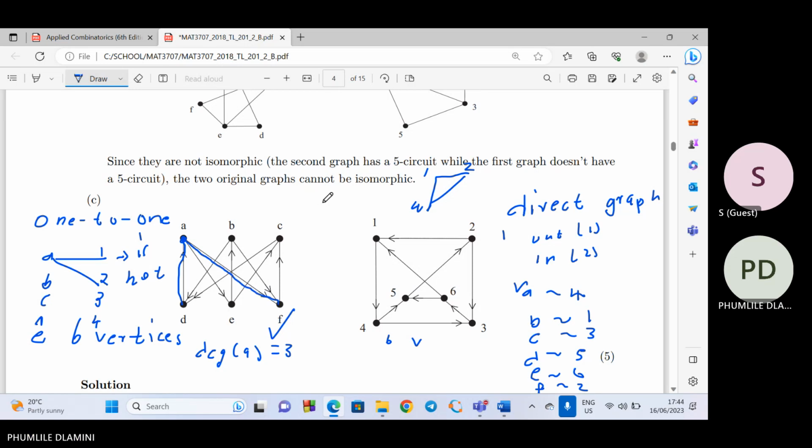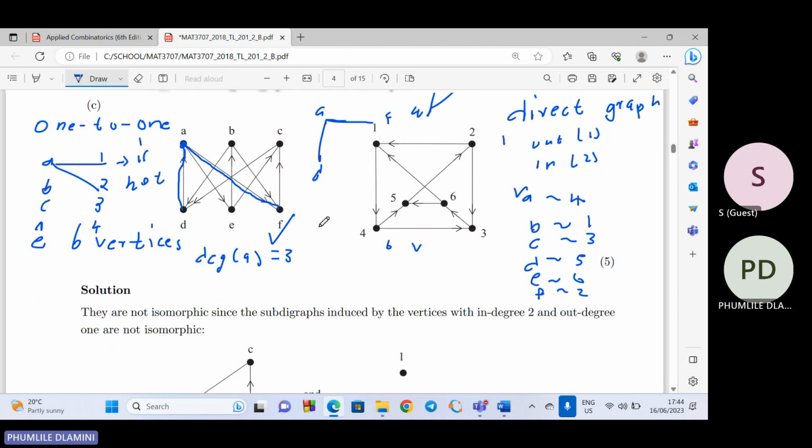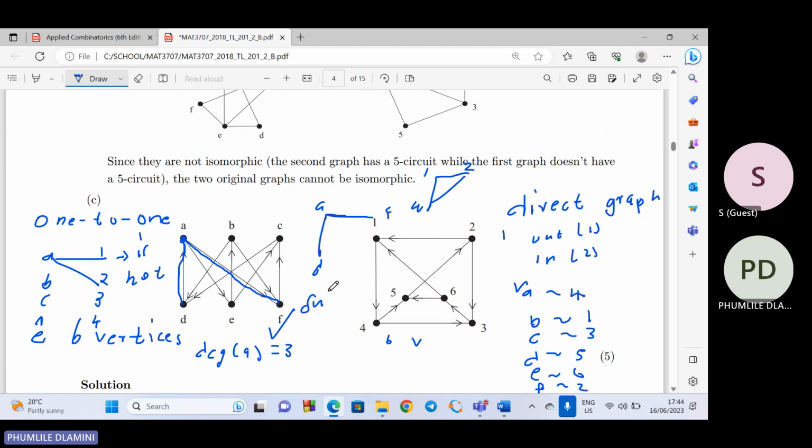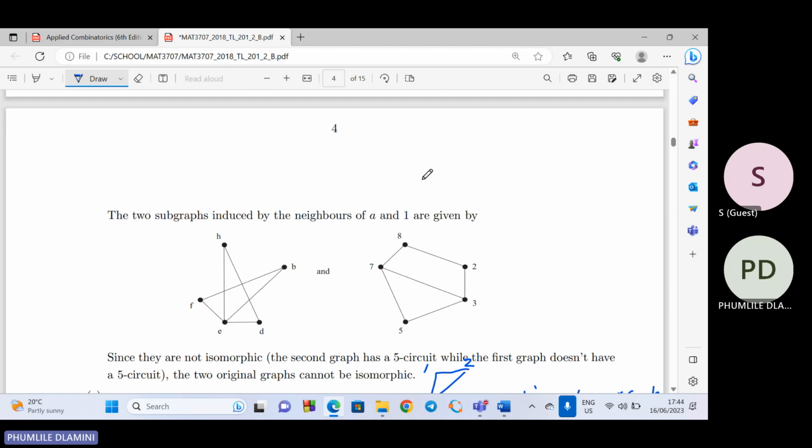A, D, which is this way, and F are not joined. It's just this way. So because this one is joined and this one is not joined, we call it a subgraph. The subgraphs of them are not the same. When we talk about the subgraph, I gave you an example of injective.